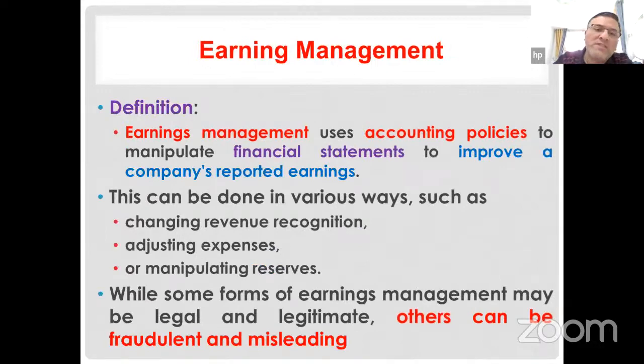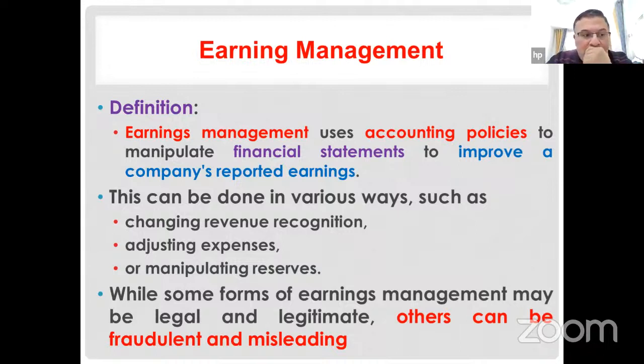To give some information about the first one, earnings management: we need to give you a brief explanation, since earnings management is a kind of accounting policy choice. What is the definition of earnings management?